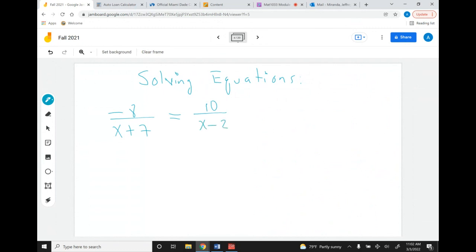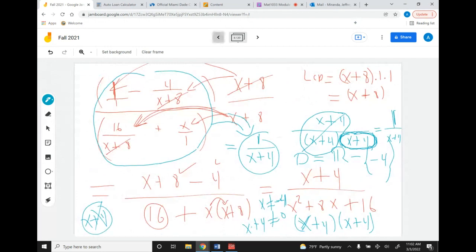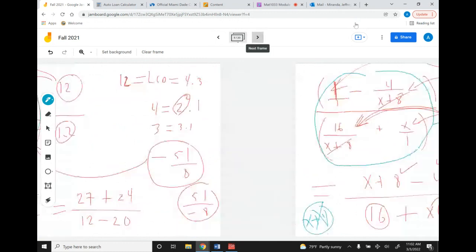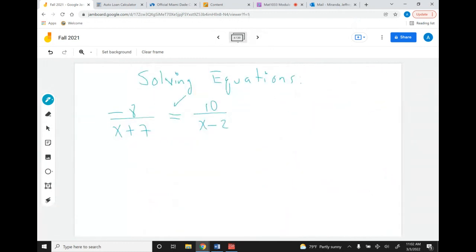Okay, so there it is. Notice that this is the first time that we are dealing with an equation in this topic. Before, you didn't have an equation. You see? The original problem didn't have an equation. This one does. Okay?